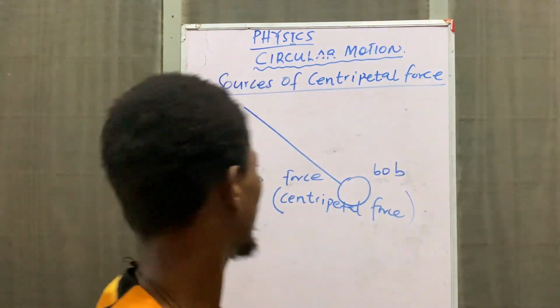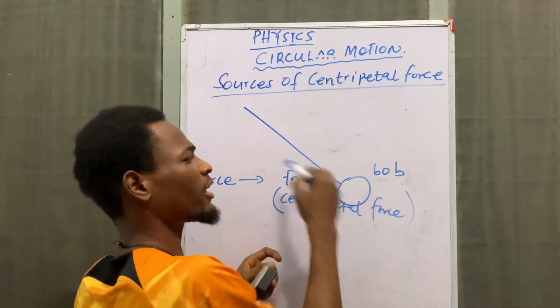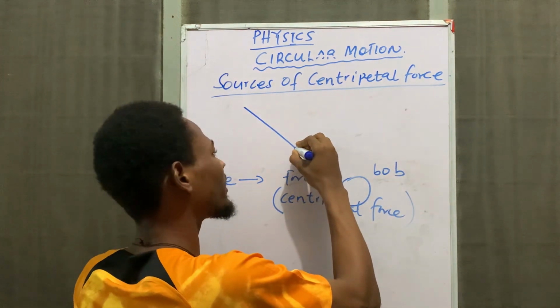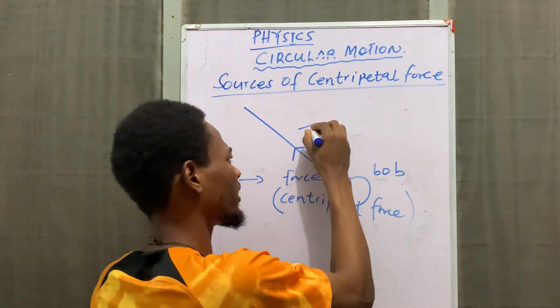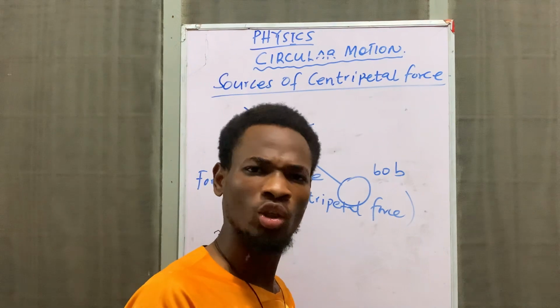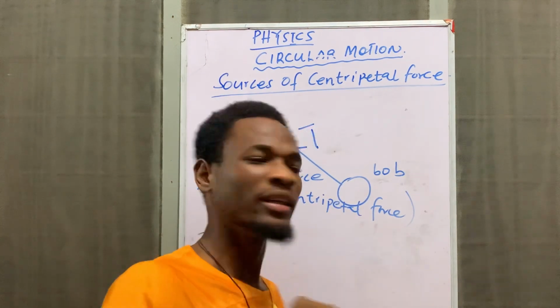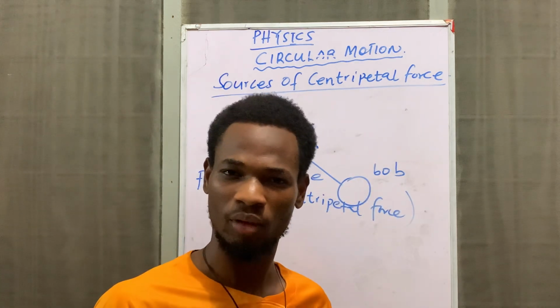So when I whirl this in a circular form, you realize that there is tension produced in the string. It is this tension produced in the string that will help the body as a whole to perform a circular motion.